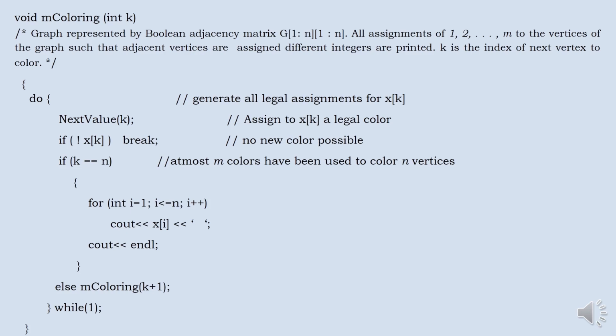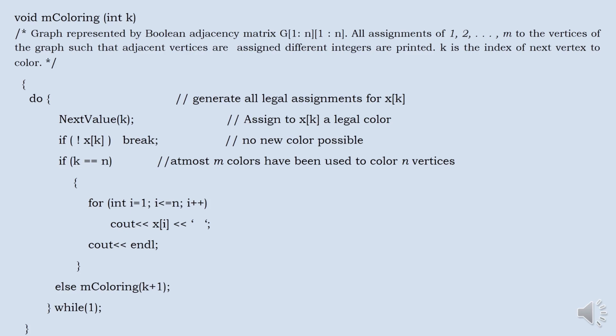That is why you have to display all the colors that are chosen for the n vertices. So if k is equal to n, for int i equal to 1, i less than or equal to n, i plus plus, cout x of i. Display whatever values you have obtained for the ith vertex and then a new line.